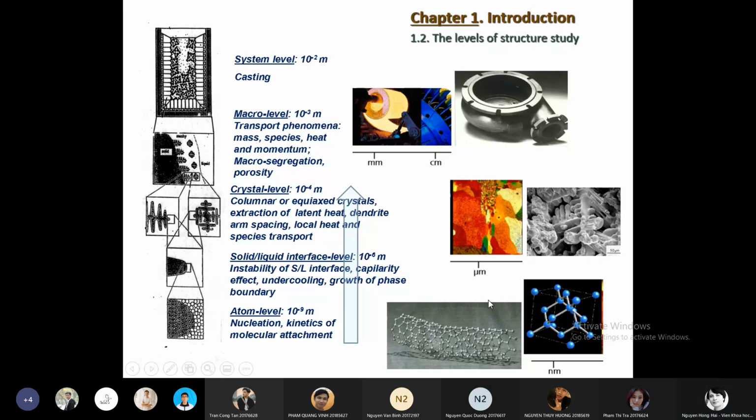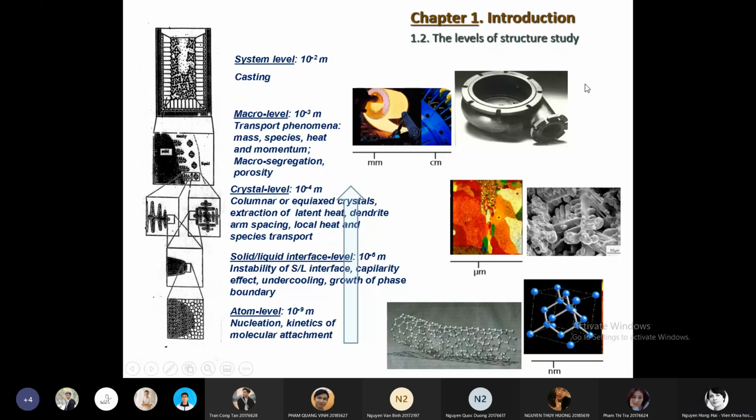From the atom level, nanometer, the micrometer, to the formation of the crystal, dendrite, grain boundary, and so on. The dendrite spacing, the distance between the dendrites, and maybe the grain size, the form of the grain, the form of the boundary, and so on, is the crystal level.